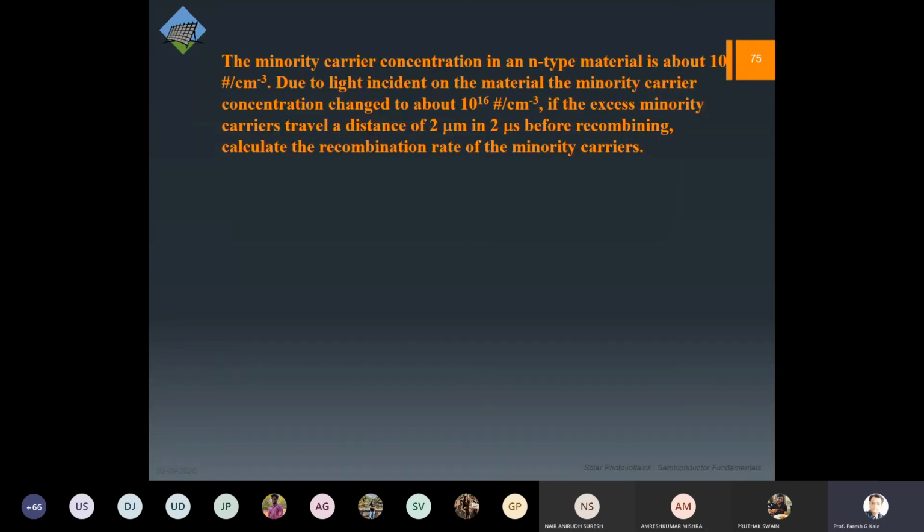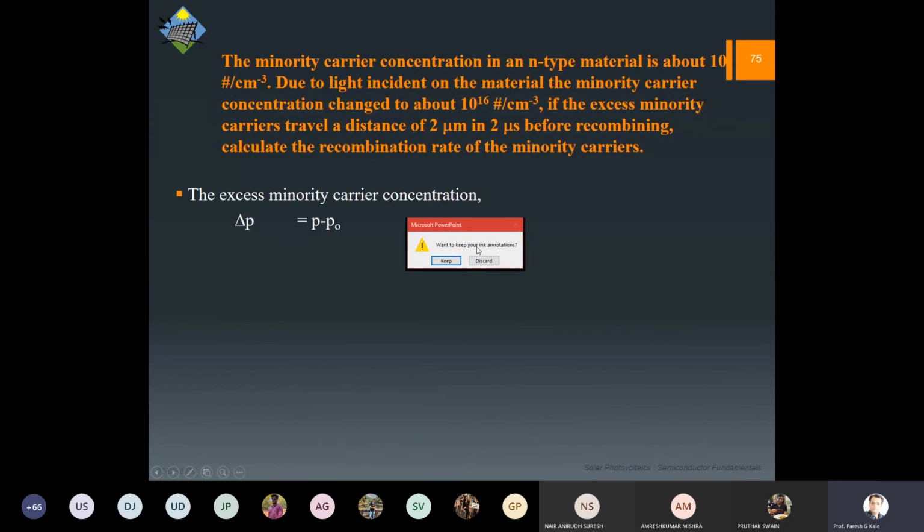So let us solve one quick numerical over here. Minority carrier concentration in N-type material is given, and I think that number is just not visible. Yeah, I'm talking about that. Okay, just give me a second.